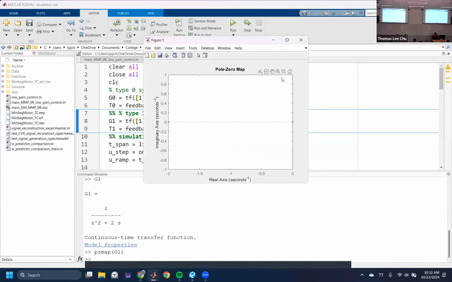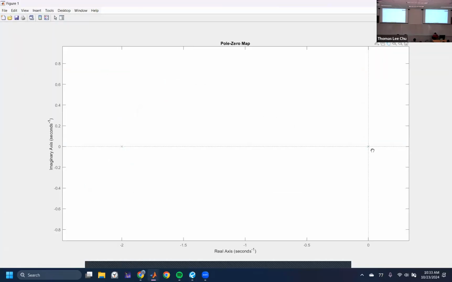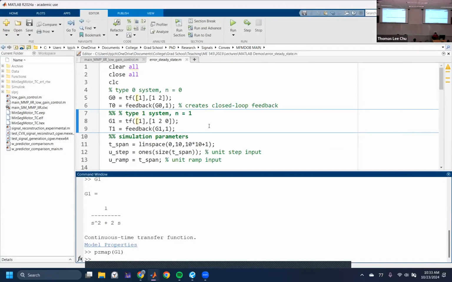Wow, okay. Anyway, it's kind of hard to see, maybe I can expand this plot out. That did not make it better. There's a little tiny X at the origin and a little tiny X at -2. So that's a type 1 system.